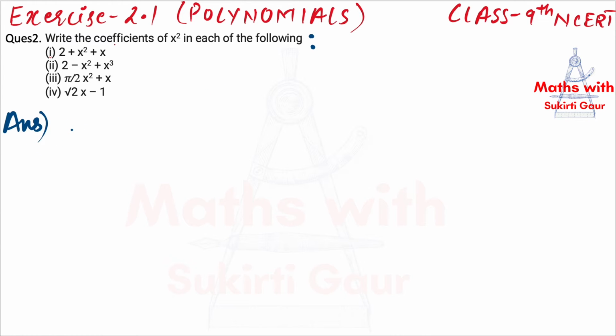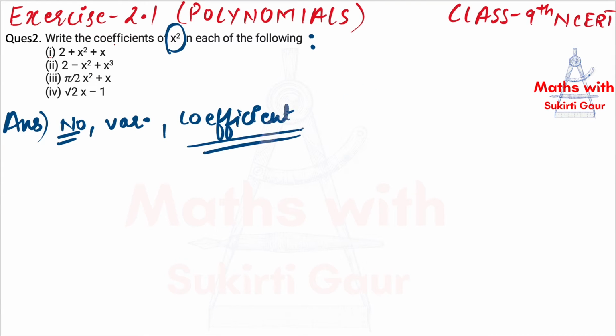I have already told you that the number or constant attached to the variable we have asked for is called the coefficient of that.